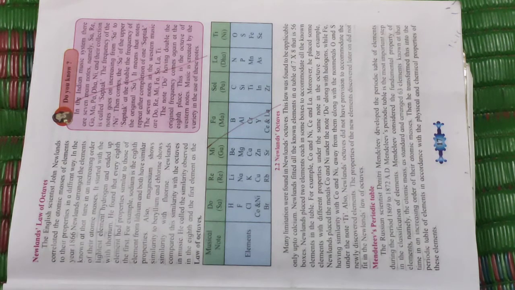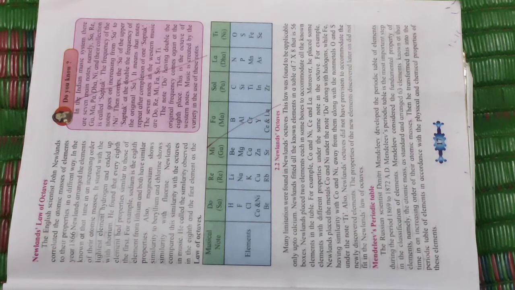Mendeleev used the fundamental property of elements, that is atomic mass. He arranged the elements in increasing order of their atomic masses. While studying chemical properties, he also studied the elements through their oxides and hydrides, and he studied physical properties through their boiling points, melting points, and densities.